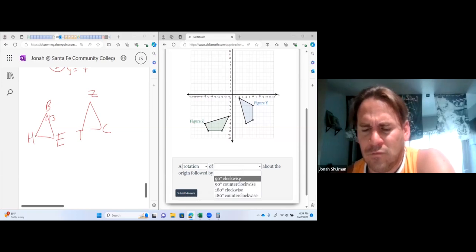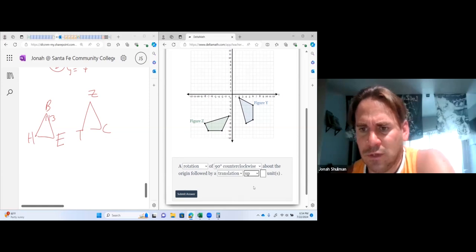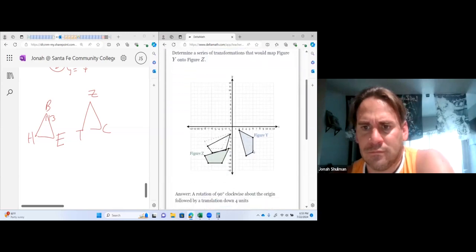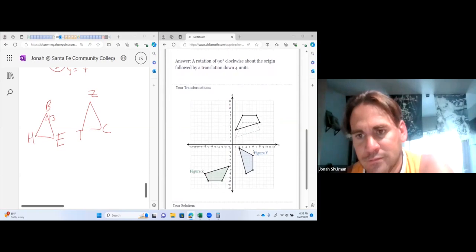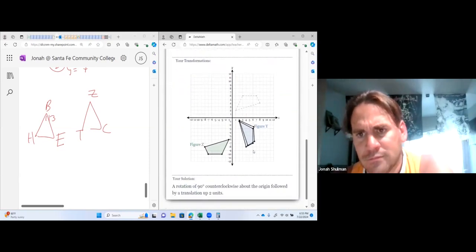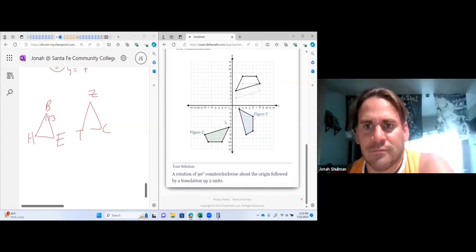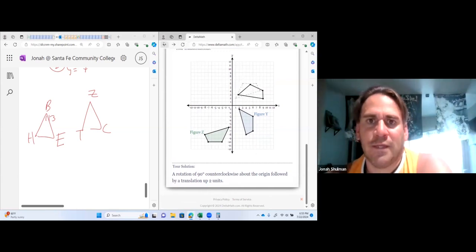Rotation of 90 degrees counterclockwise, followed by a translation. I think it's just going up too, but that's just my brain. Oh, it's the other way? Ah, if it was this figure, I would have had it.